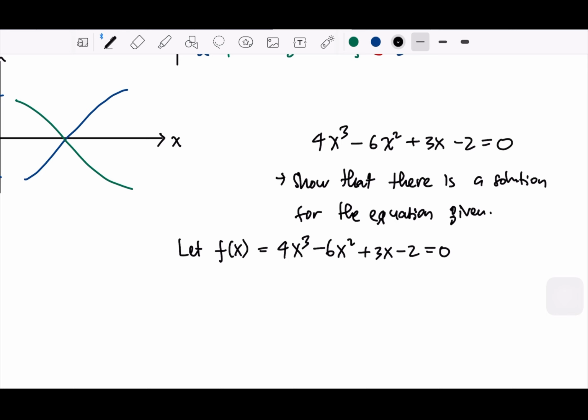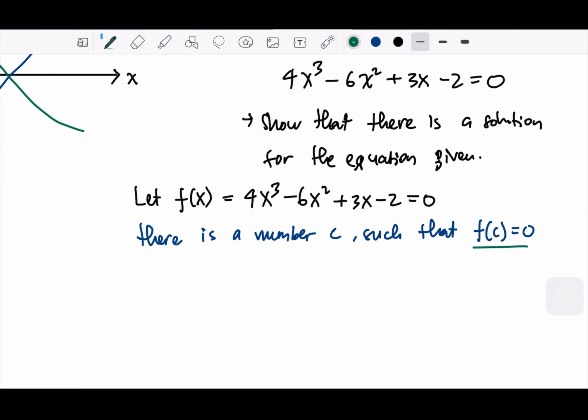So basically, there is a number c such that f(c) is 0. So basically, this is what they mean by solution. This means root or solution, right?